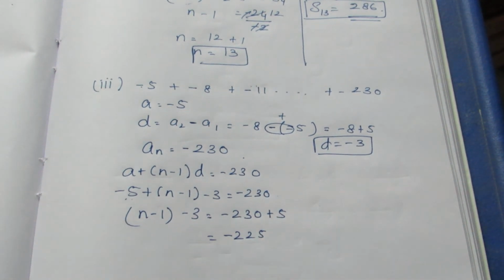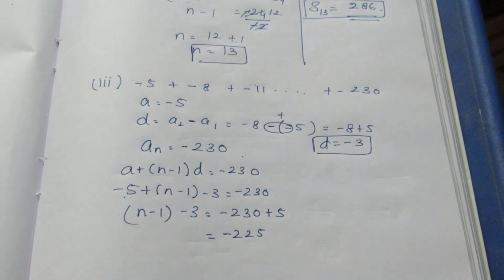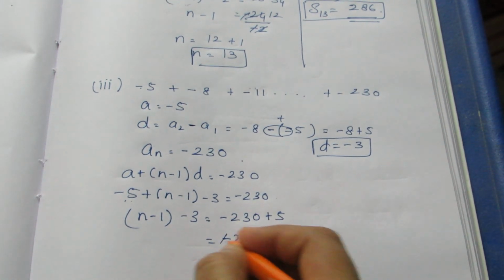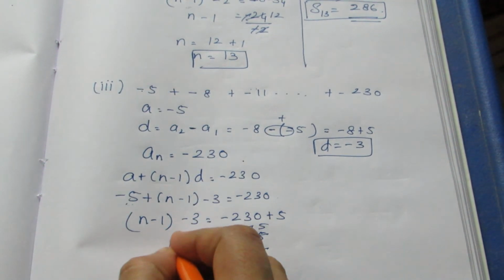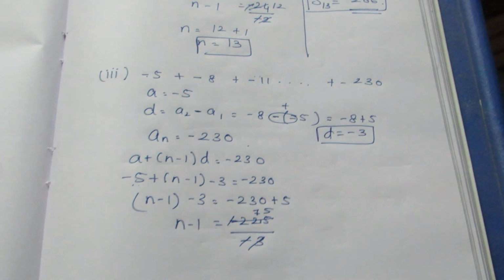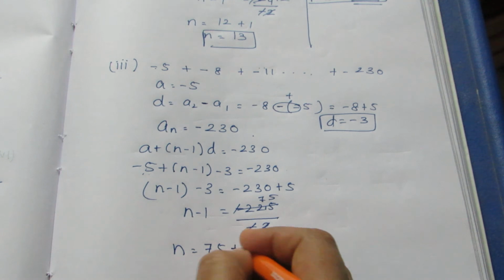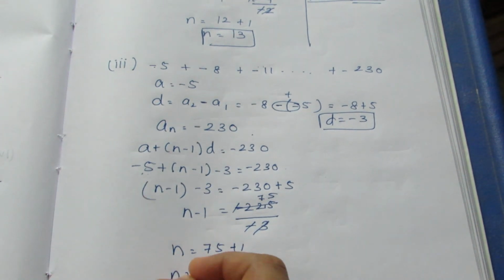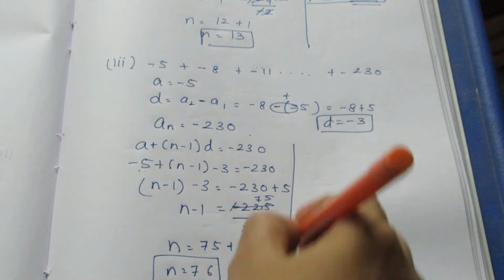Bringing minus 3 to this side, it is in multiply, so it comes as a divide. Minus minus gets cancelled. 3 7s are 21, 3 5s are 15. So n minus 1 is equal to 75. Then n is equal to 75 plus 1, because minus 1 will travel this side to plus 1. So n is equal to 76.